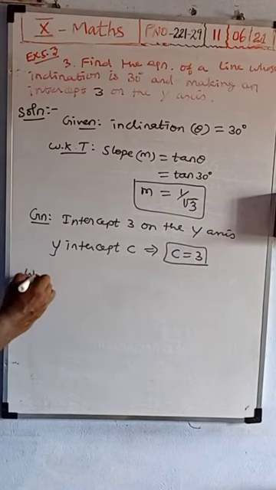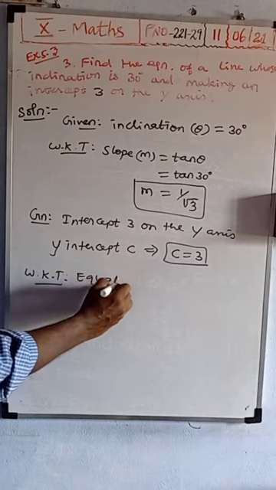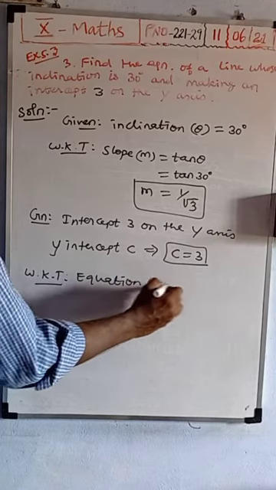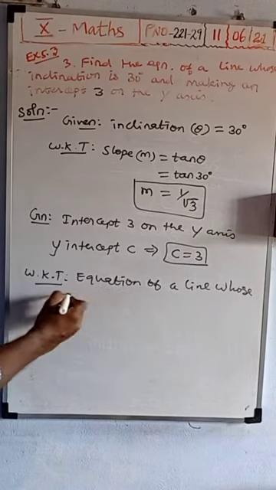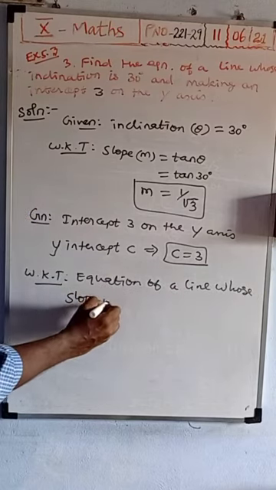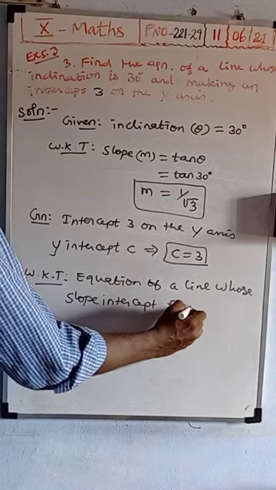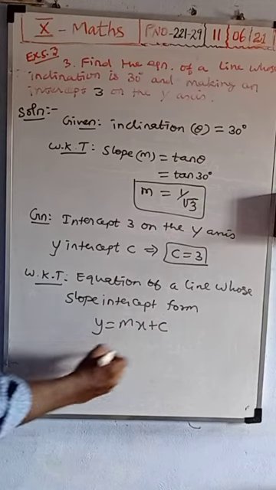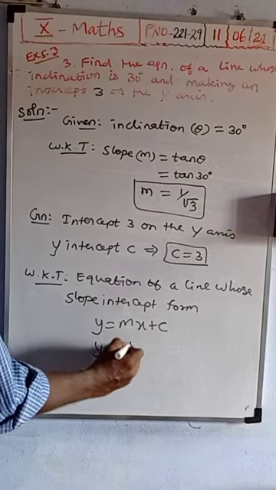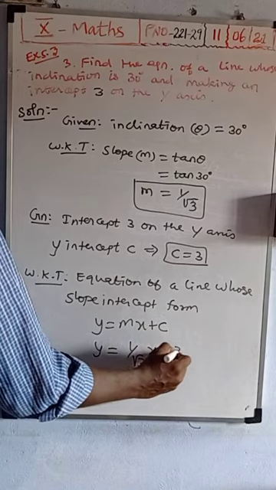So we know that the equation of a line in slope intercept form is y is equal to mx plus c. So y is equal to the m value we received, 1 by root 3, x plus the c value 3.